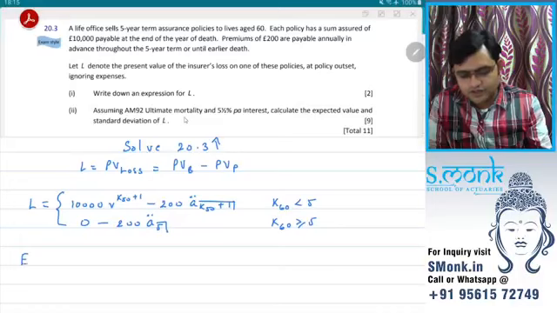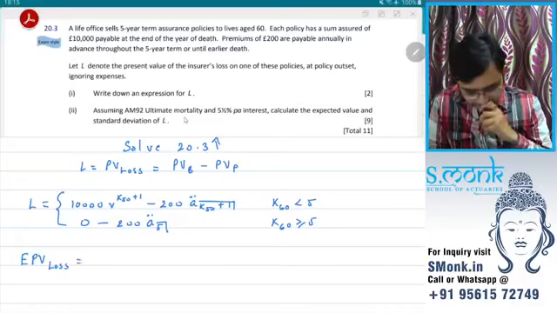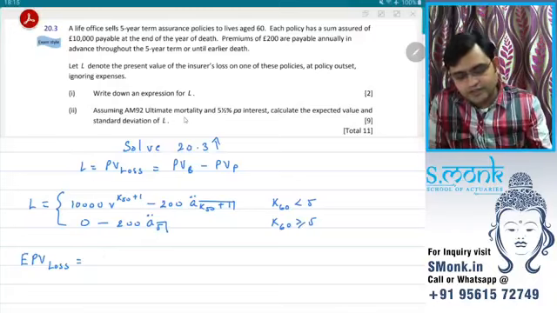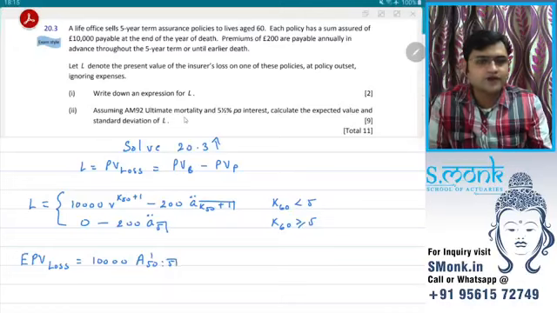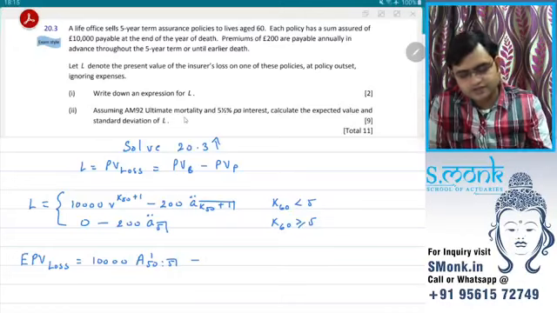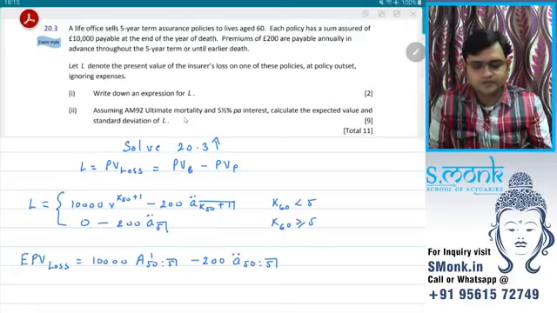The expected present value of loss will be the expected present value of benefit, which we write in terms of term assurance: 10,000 A60 term 5 years, minus the premium of 200 times a-due 60 temporary annuity over 5 years. This is how we write our expected present value of loss.